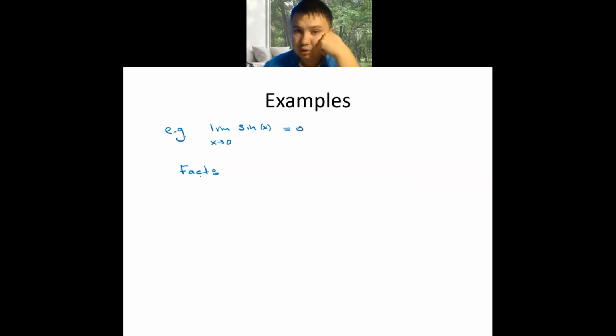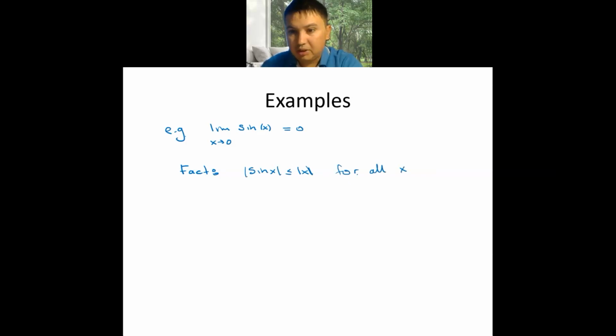I will also give it as an exercise for next week's homework 2. So the fact is that the absolute value of sine of x is always less than or equal to the absolute value of x, for all x.